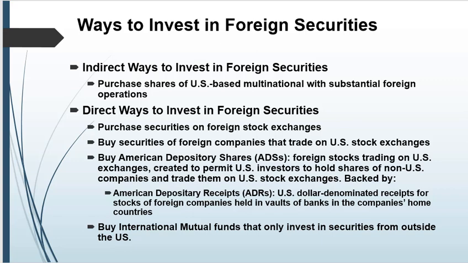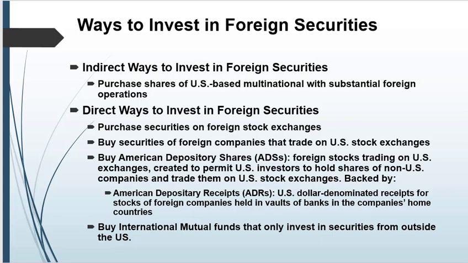You can actually purchase securities on a foreign stock exchange. You can buy securities of foreign companies that trade on the U.S. stock exchange. There are also securities referred to as American depository shares or receipts. Again, these typically are stocks that are trading on the U.S. exchange, but they allow investors to hold these shares and trade them on the exchange.